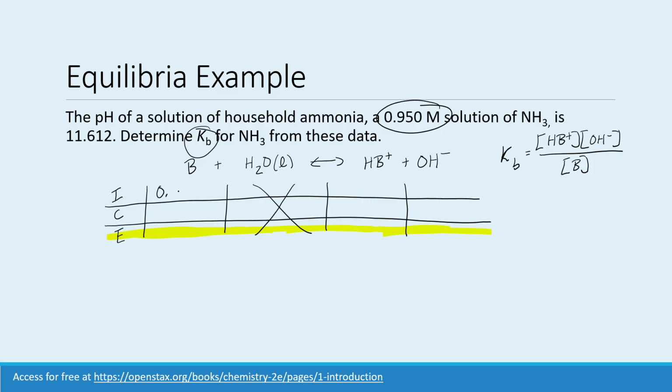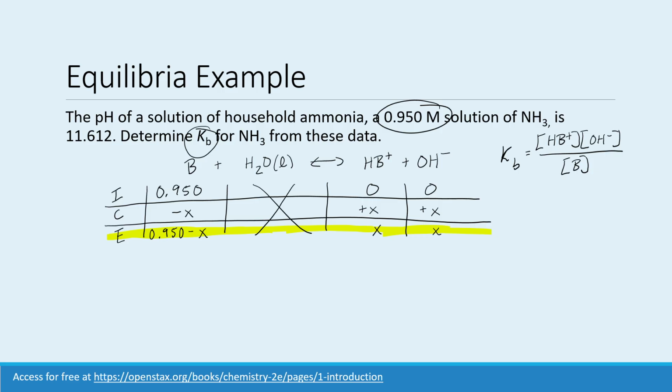So that's 0.950, and then we start out with 0 for the products because we don't have the conjugate acid present starting out, and then minus X for the change and plus X on the product side. Again, all the coefficients are 1, so that's why we can do that. And then 0.950 minus X on the reactant side, and X on the product side.